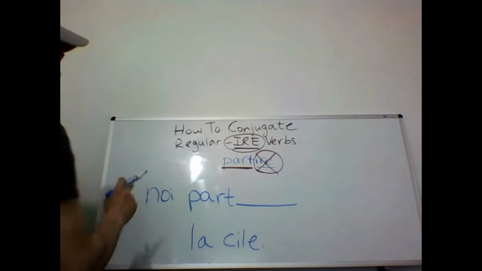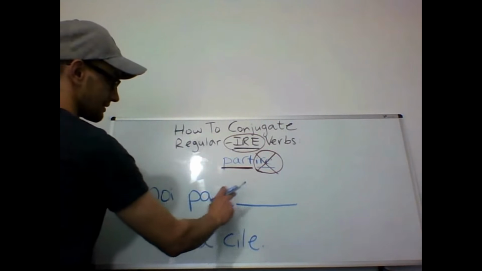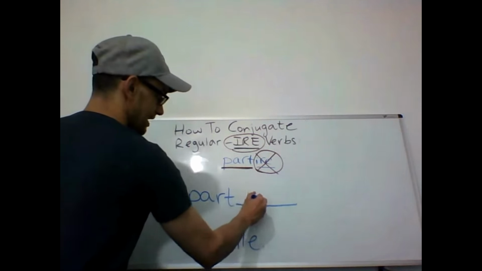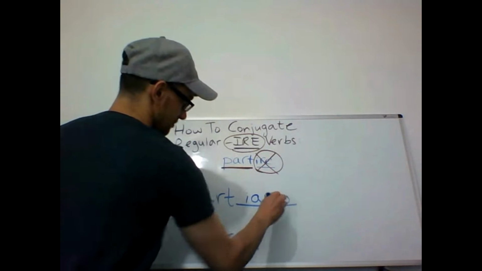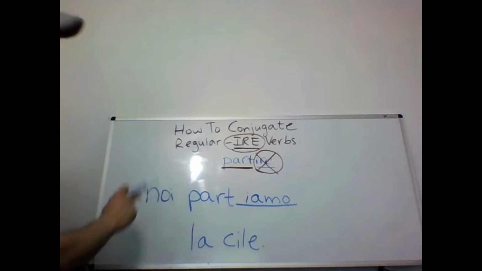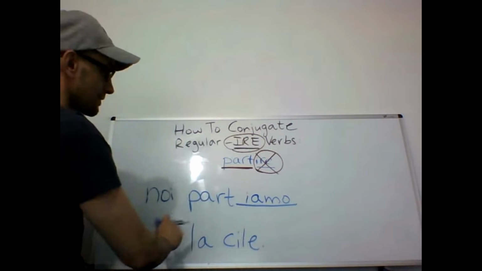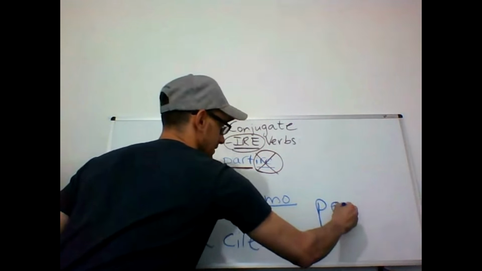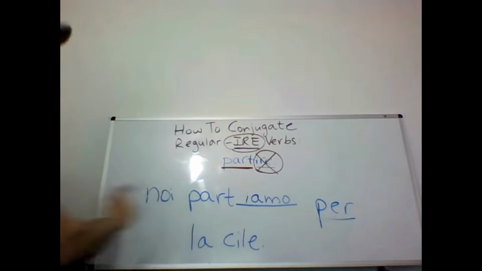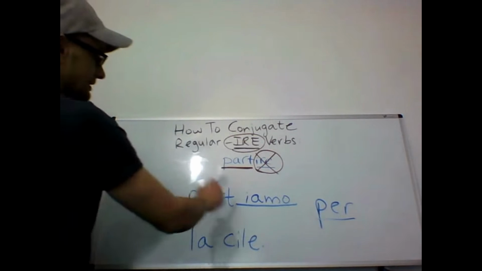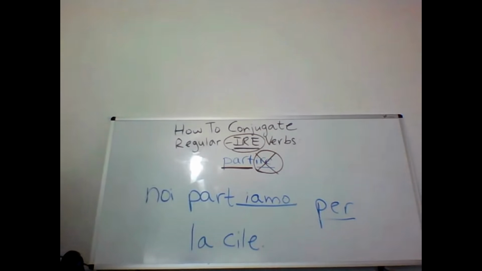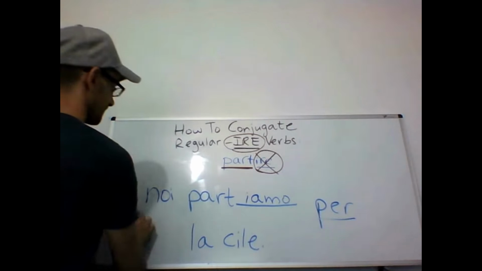So, noi partiamo. We just add that ending from the table. Noi partiamo per la Chile. We leave for Chile. Or Chile. Okay.